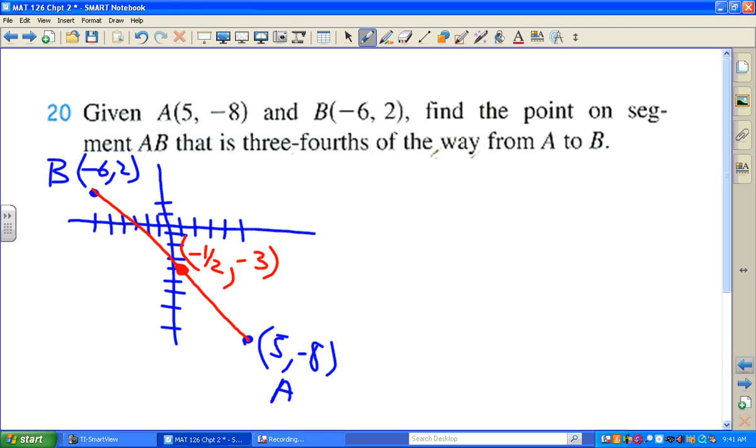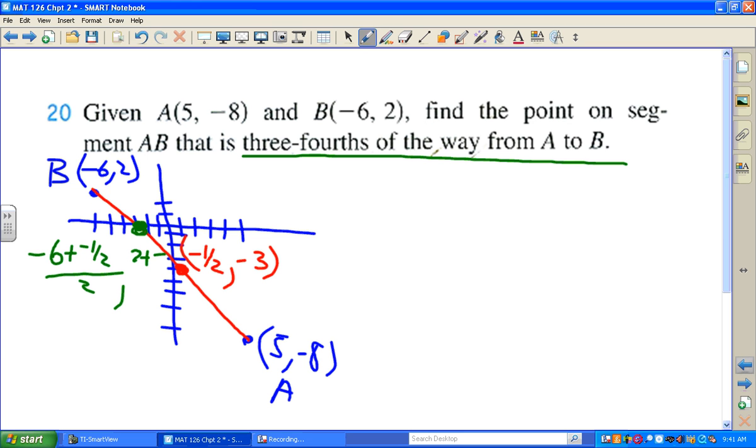Boy, my picture's way off. And which am I going to do half again? Am I going to go halfway to A or halfway to B? Yeah, I think it says 3/4 of the way from A to B. Right, I have to do the midpoint again with that one. So I have to take negative 6 plus a negative a half and divide by 2. And I have to take 2 plus a negative 3 and divide by 2.